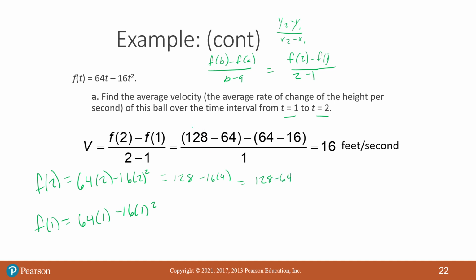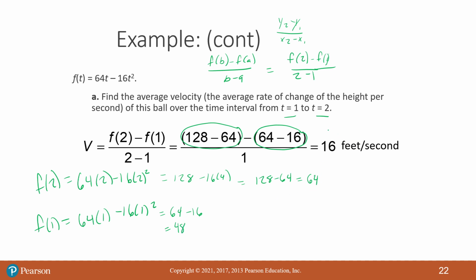That's where they got this term right here. Now that also simplifies down into just 64. 64 times 1 is 64. 1 squared is 1 times 16 is 16. That's where they got this point right here. This is your f of 1. 64 minus 16 is just 48.